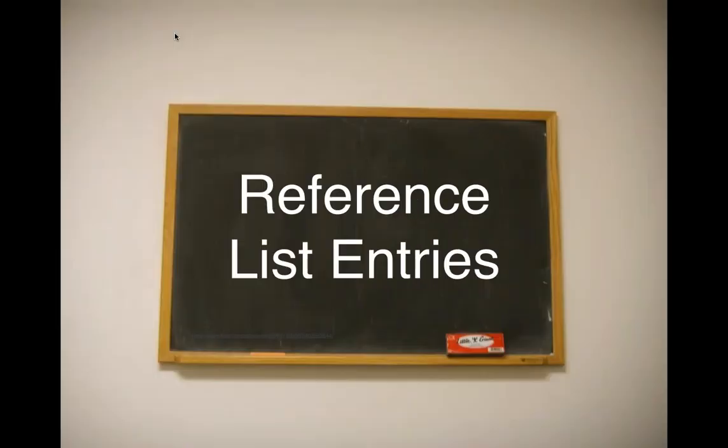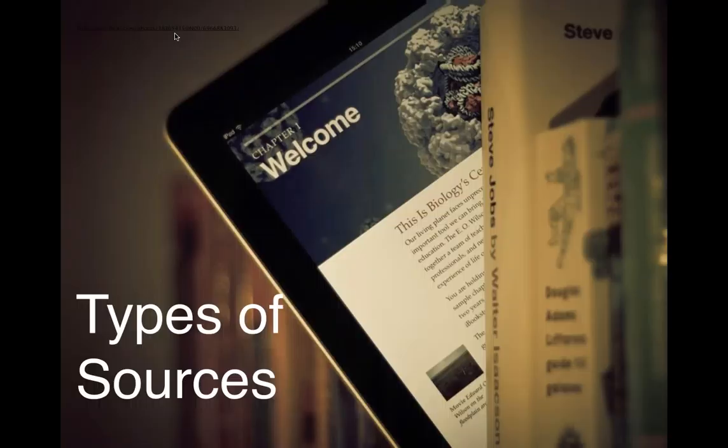All right, let's take a closer look at the reference list. The first step in deciding how to cite a source is to decide what type of source you have. Is your source a book, a magazine, a newspaper article, a journal, website, personal interview, YouTube video, TED Talk, or some other form of print or electronic source?